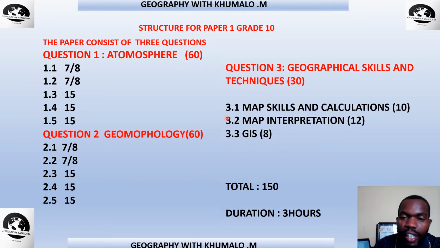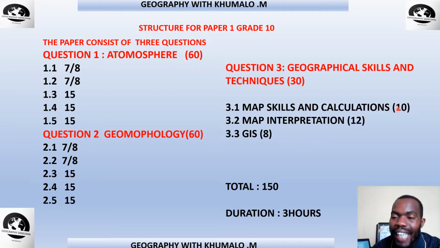And then question 3, our map skills and calculation, consists of 10 marks. Our map interpretation associated with topic 1 and topic 2 will consist of 12 marks. And our last question, 3.3, is GIS, which is out of 8 marks.